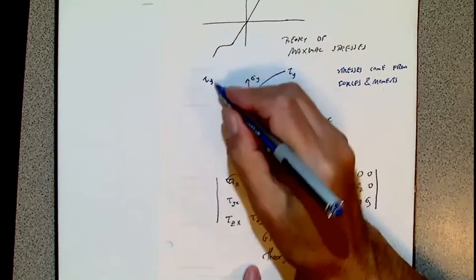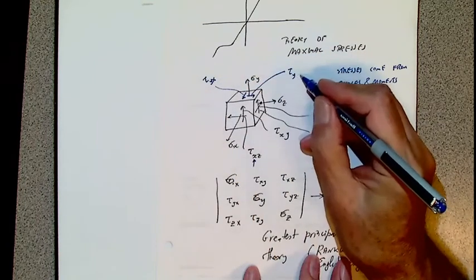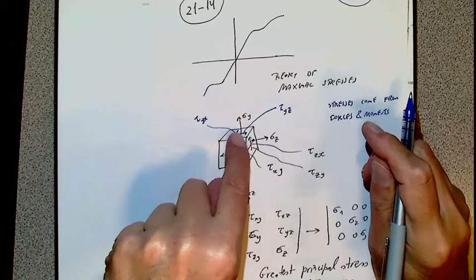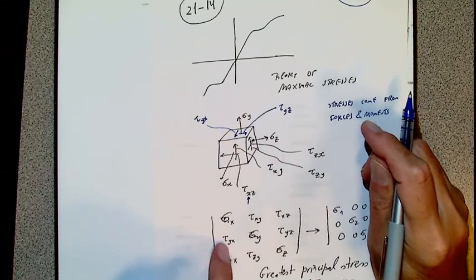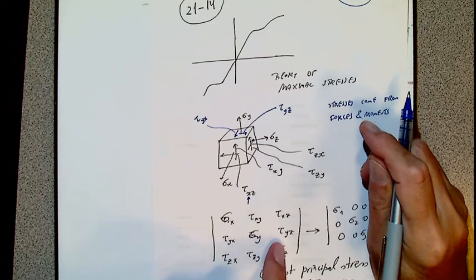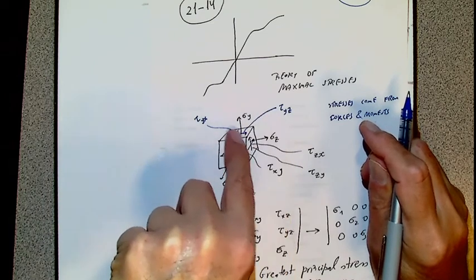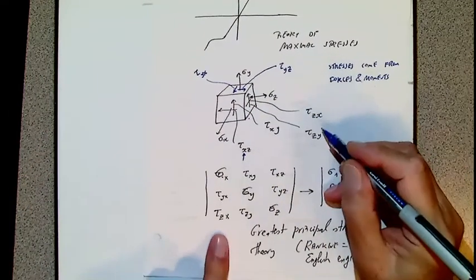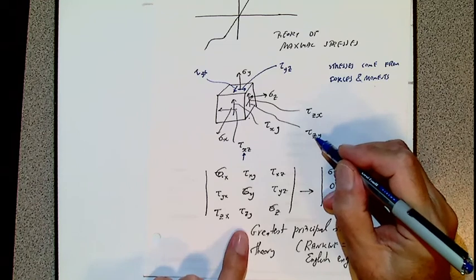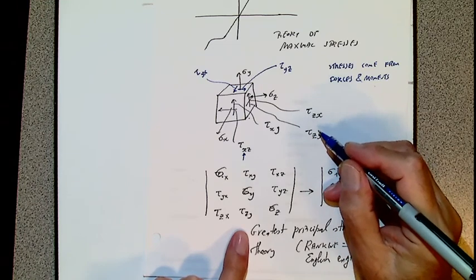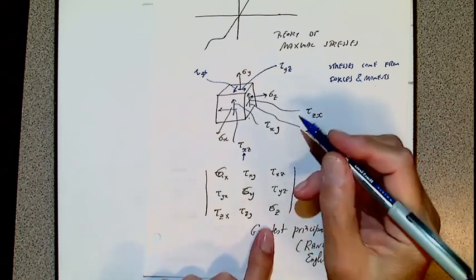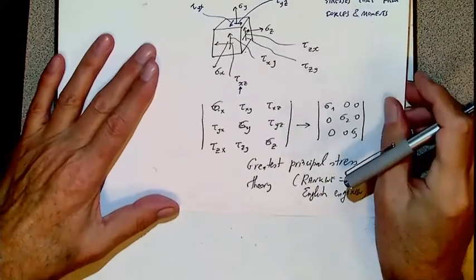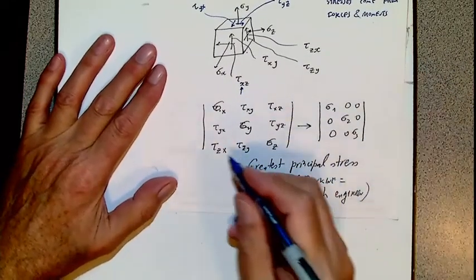Now this acts in x direction, this acts in z direction. So here I will put tau yx, sigma y, tau yz. I wrote what is written in this face. Now I will write what is on this face: tau zx, tau zy, and sigma z. So that is a stress state.